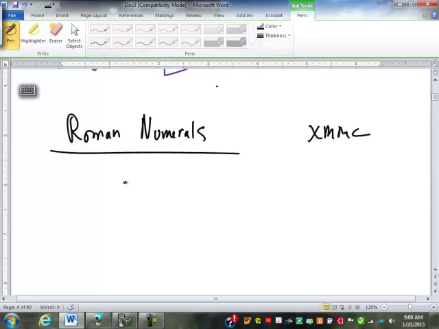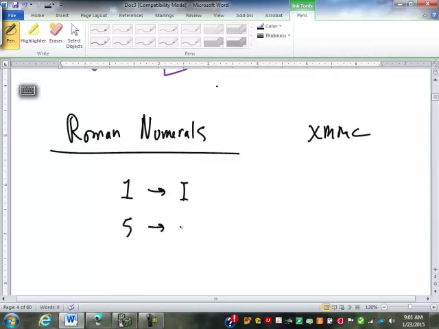For example, 1, or what we would consider to be 1, just used the symbol I. I was always taught that Roman numerals were capital letters, but now in recent years it's become acceptable to use small letters. So even though I put down a capital I, it could be a small i that's used as well.